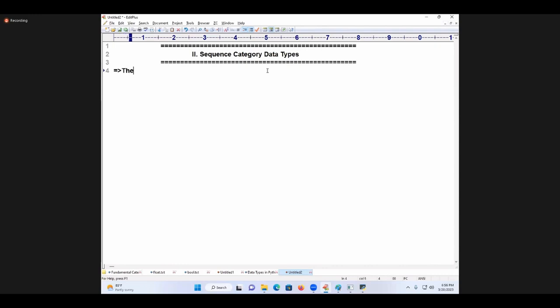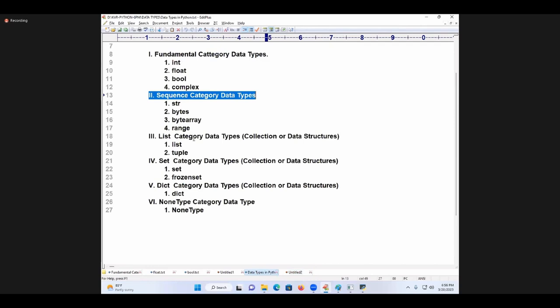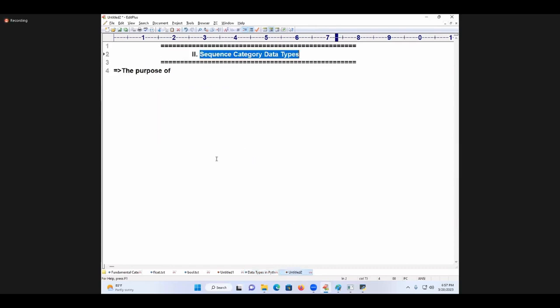The purpose of the sequence category data type is the most important. Once the categories of data types increase, a lot of meaning comes across, and a lot of Pythonism is going to increase inside of it. That's why follow carefully.